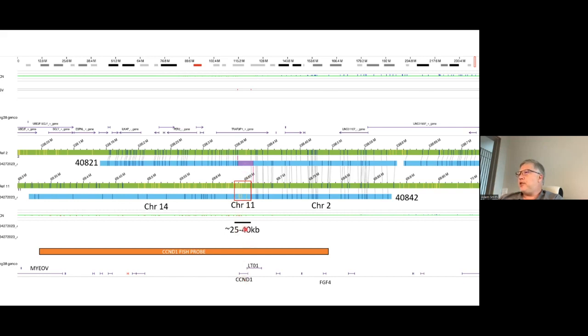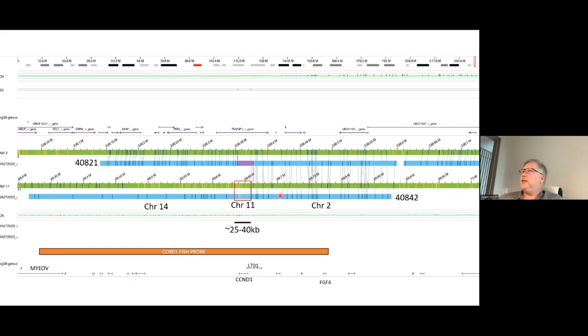It is approximately a 25 to 40 kilobase region where CCND1 appears to have been spliced in between the IGH region on chromosome 14 and this other region on chromosome 2. So it's basically an insertion of CCND1 from chromosome 11 into the 2;14 translocation.